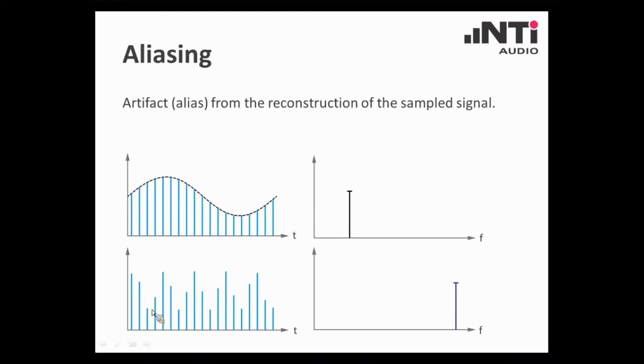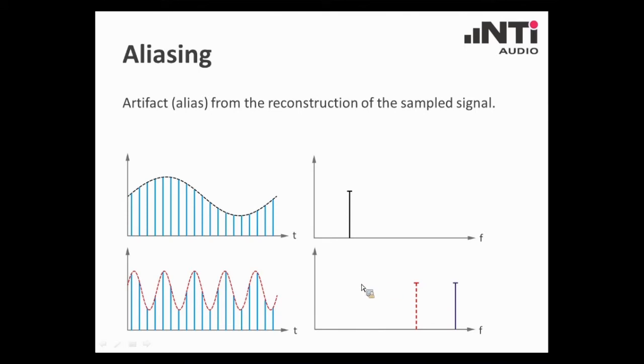And this reduced number of samples causes the reconstructed signal to look different from the original one, because the analyzer is missing the amount of information it would need to reconstruct the original signal exactly. Now this red dotted curve after its reconstruction and calculation would cause this result. So this bin is an alias of this one. It's not the exact result. Actually, it's a wrong result because that would be the correct one.